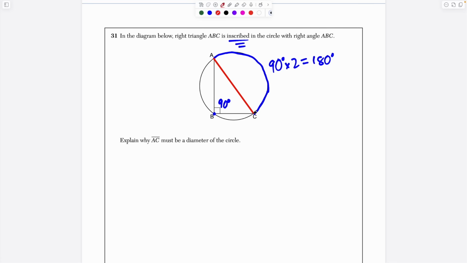So you see this segment over here is cutting the circle this way, and it's leaving a 180-degree arc, that tells us that AC has to be the diameter because AC is intercepting a 180-degree arc.